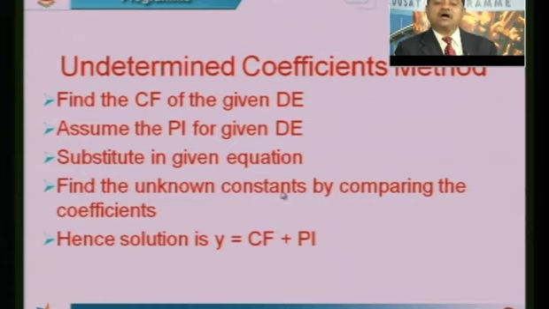Find the unknown constants k1, k2, etc. by comparing the coefficients. Hence, the solution is what? y is equal to CF plus PI. This PI is nothing but the assumed PI, in which you write the unknown constants. So that becomes your required PI. Then the solution is CF plus PI.